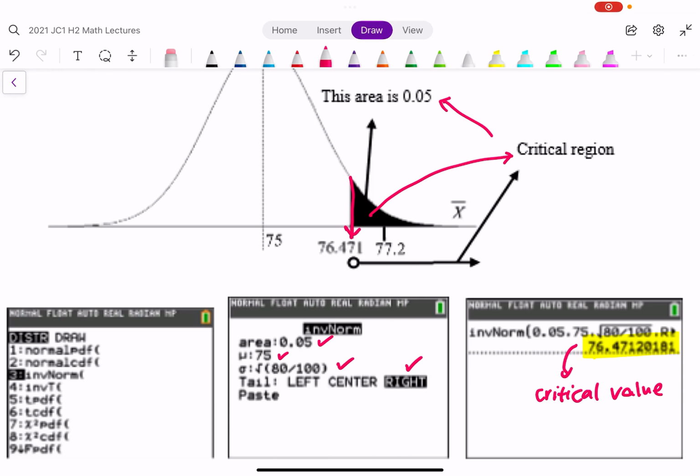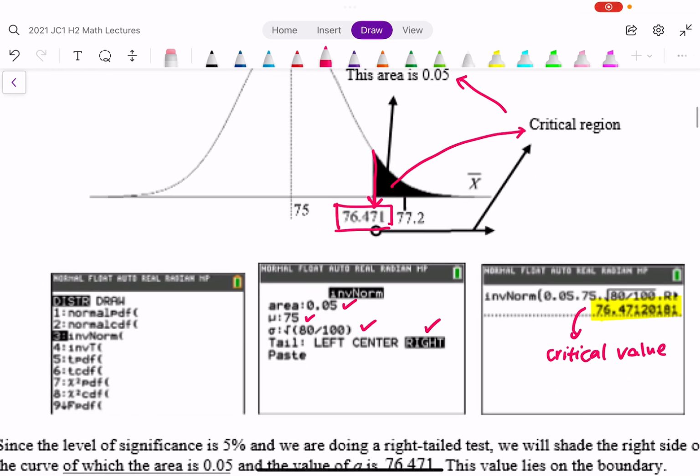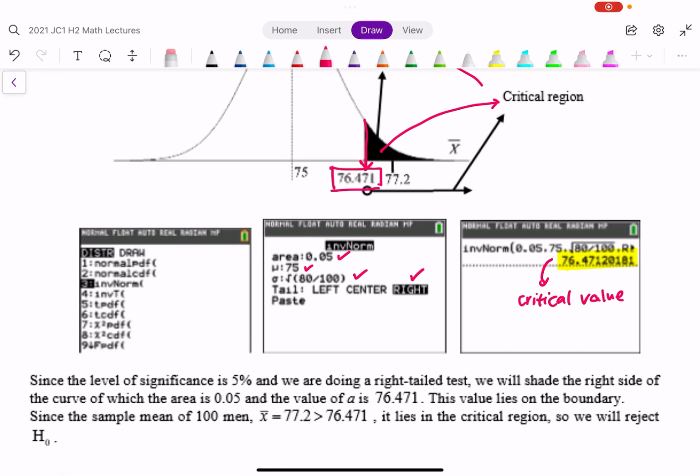As you can see, here we have 76.471. So we want to carry out a test. We have our critical region. What is happening now is that we do a comparison between the X bar that we have found, which is 77.2, and the critical value that we have obtained using the significance level.